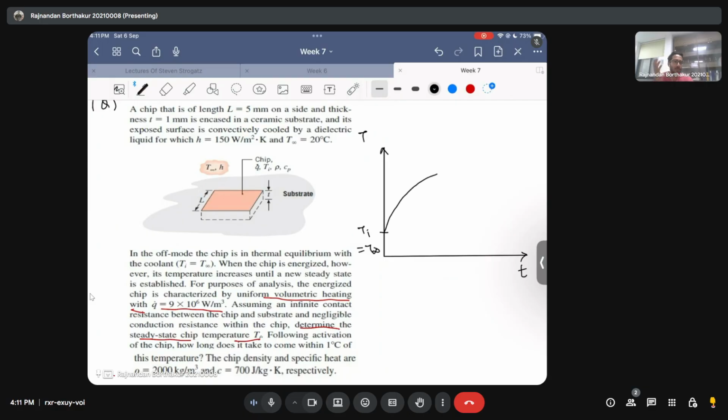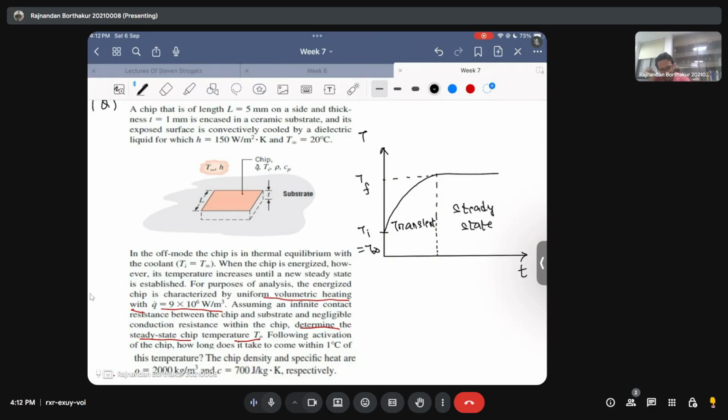We don't know this variation as a function of time yet, and we will see it. But at least we know that after an initial transient phase, your temperature will reach a steady state value, and we are calling this steady state value T_F. So in the first part of this problem, this is the steady state case, and this is the transient case.